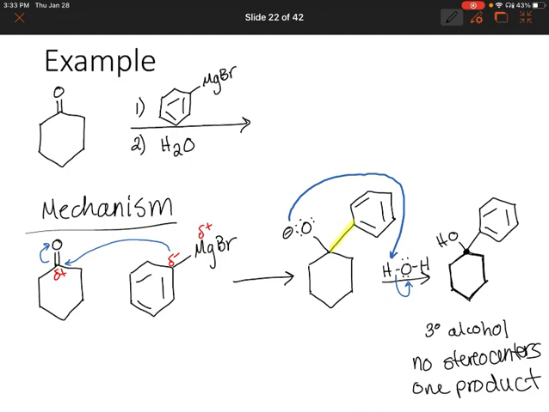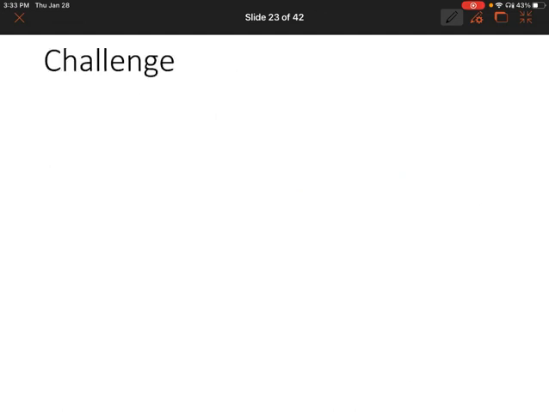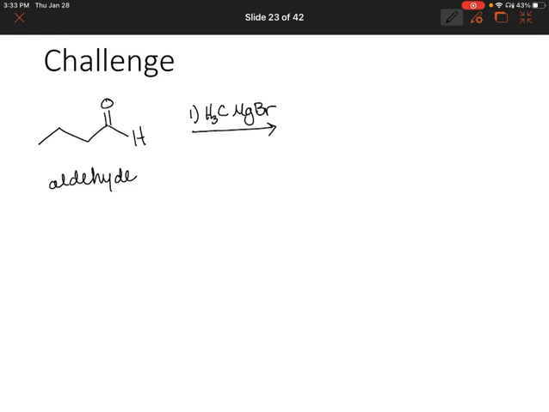Now, instead of a ketone, what if we start with an aldehyde? So let's look at an aldehyde. And let's use a Grignard reagent where we just have a CH3 or methyl group bonded to magnesium bromide.